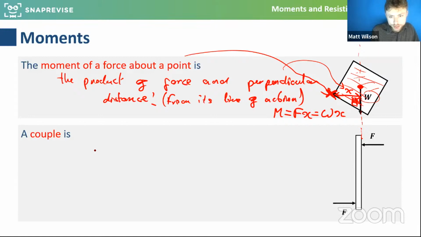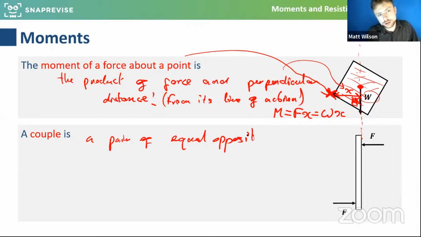Okay, so a couple is a special type of moment. Essentially a couple is a pair of equal, opposite forces. You might usually imagine that a pair of equal opposite forces should do nothing because they just balance each other out.